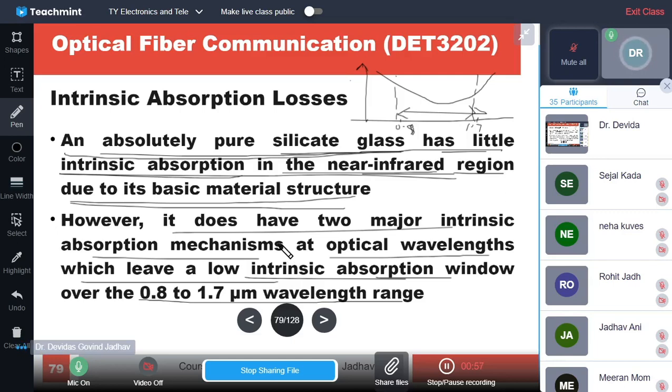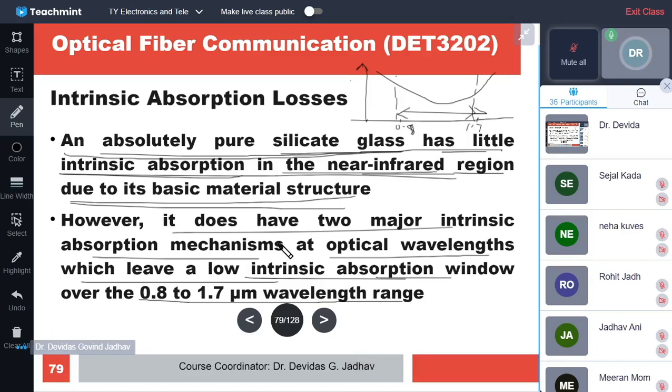Along with this absorption loss, some other losses are there: Rayleigh scattering loss, other scattering losses, ultraviolet absorption, infrared absorption. All these combined together have minimum effect in this window, 0.8 to 1.7.